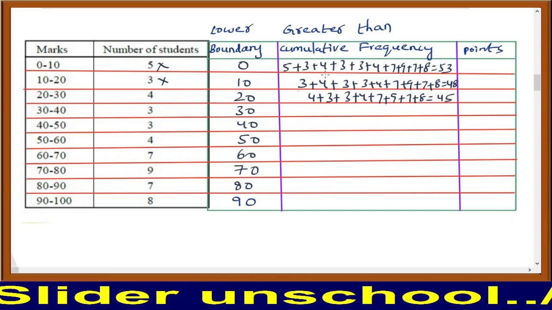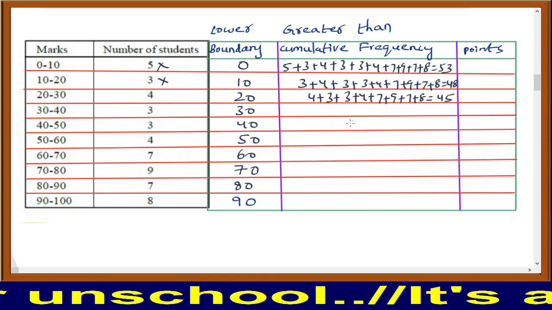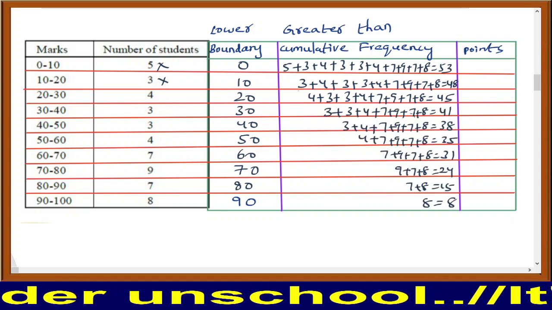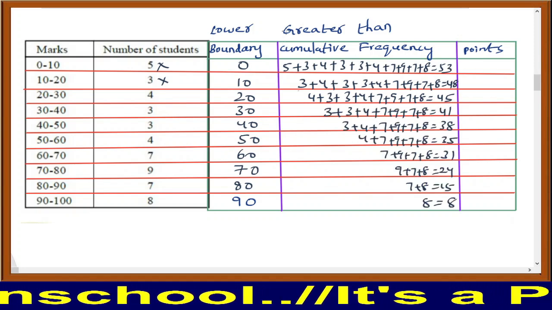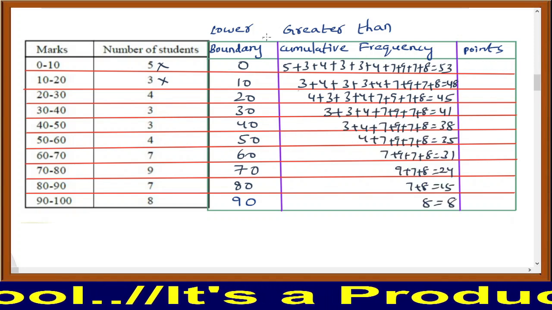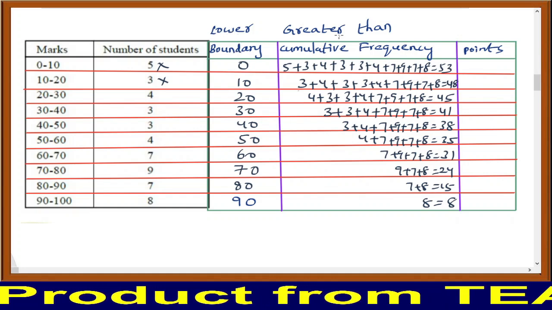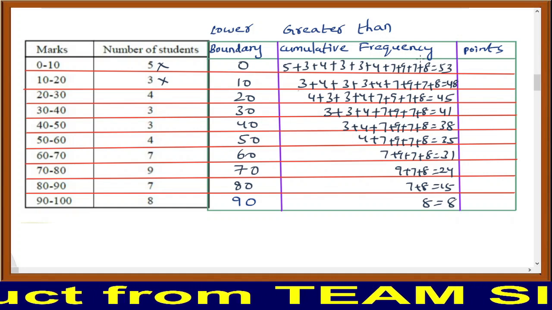So like this you have to write all the numbers. Now we can write the points. So if you want to draw the graph for this data, then on x axis take the lower boundary and on y axis you should take the greater than cumulative frequency.